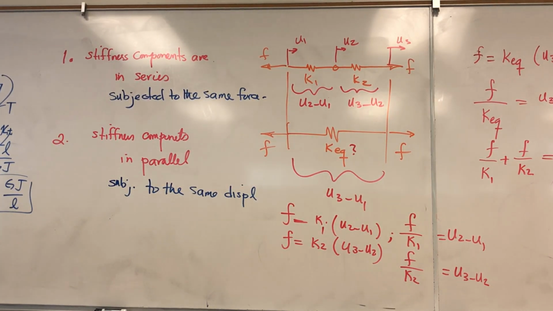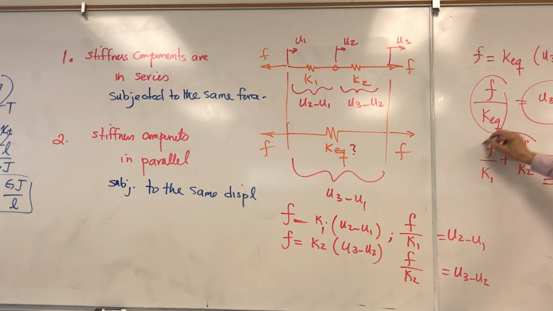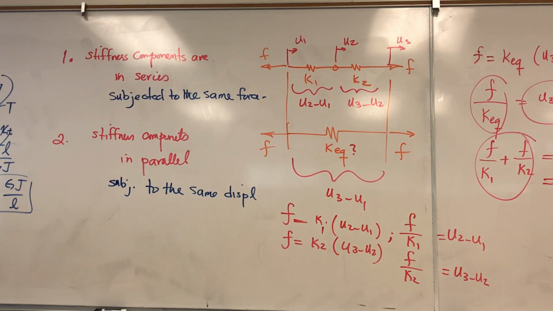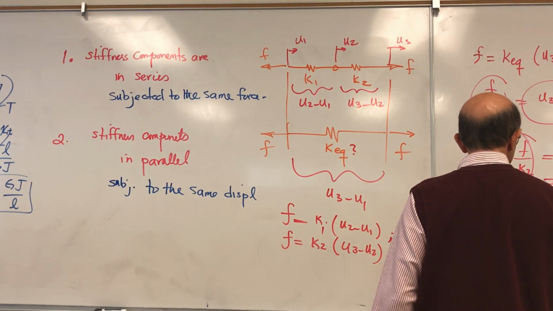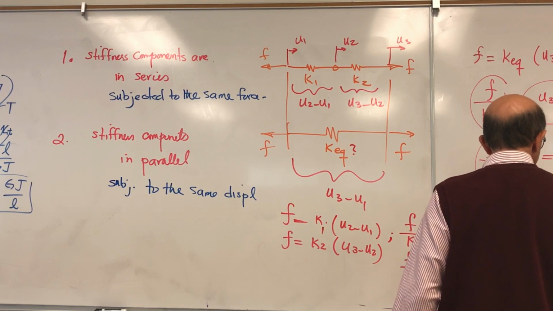These two cancel out, so this is U3 minus U1. That means the left-hand side is equal. Since F is the same, what this leads to is then this relationship.